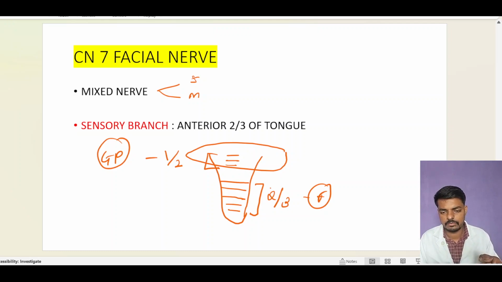And if he is not getting any sensation in the posterior one-third of the tongue, there is damage of the glossopharyngeal nerve. Very important point. This is the sensory branch of our facial nerve, which supplies the two-third of the tongue and is responsible for taste.